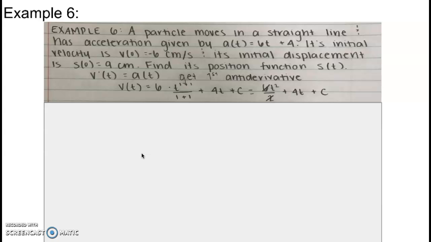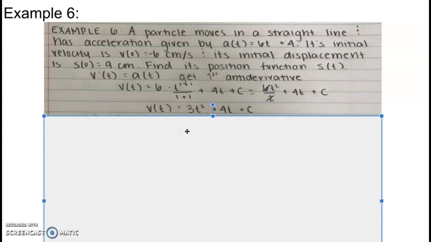Then we can clean it up by doing 6t squared over 2 plus 4t plus c, which then gives us v of t equals 3t squared plus 4t plus c.